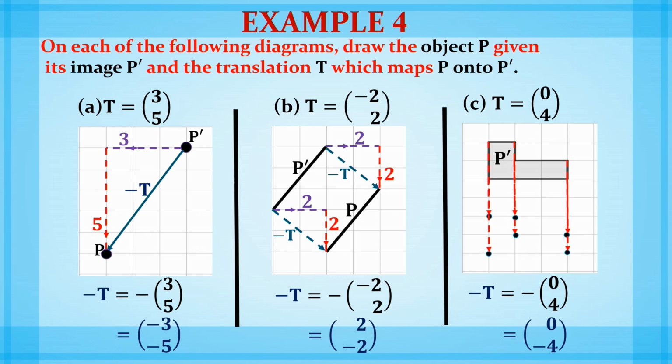Now, to draw the shape P, we just have to join its vertices by straight lines, as illustrated on the grid. Hence, we obtain the object P.